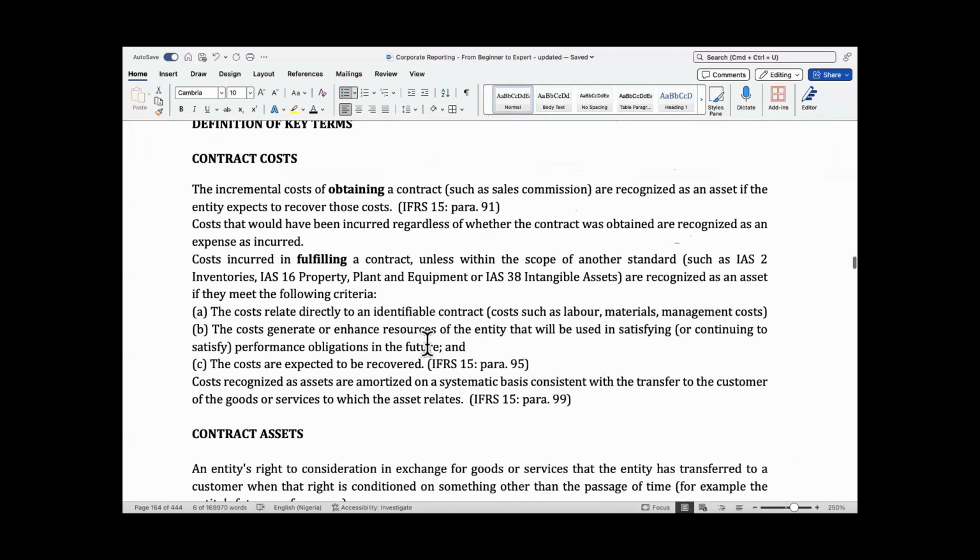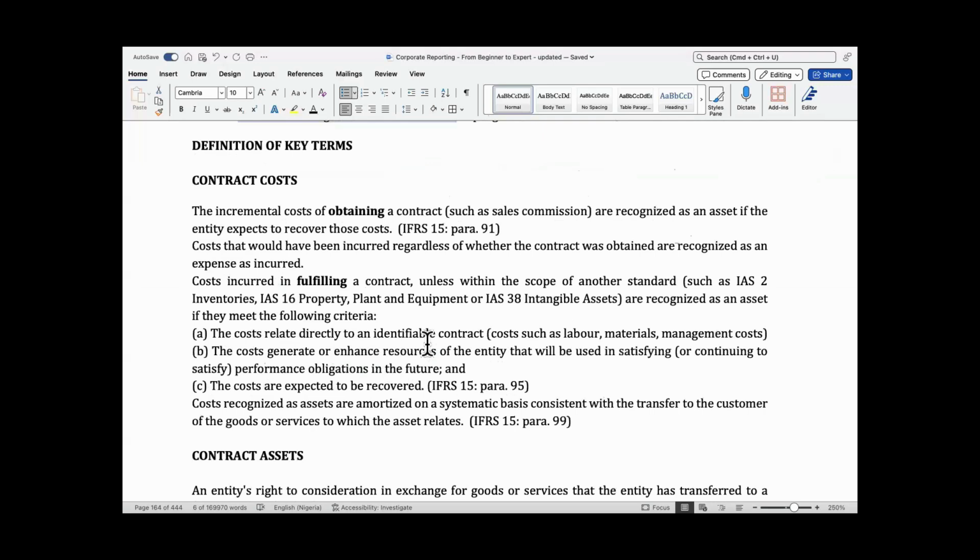So there are some key terms that I've mentioned so far. I'm done with all the steps, really. That's everything. That's how revenue is recognized. Now, there are key terms that I've mentioned so far. Number one is contract costs.